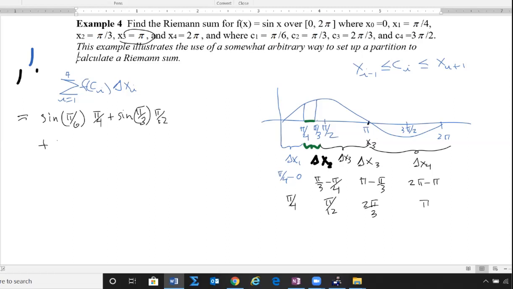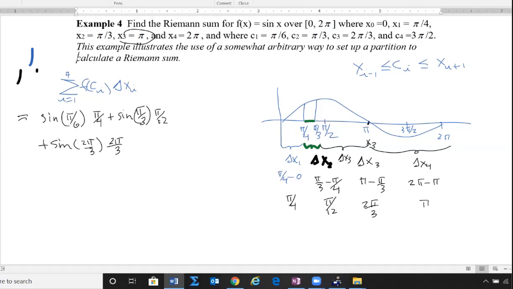Plus sine of, now my c sub 3 is 2 pi over 3, and my delta x sub 3, I calculated as also 2 pi over 3, pi minus the pi over 3.